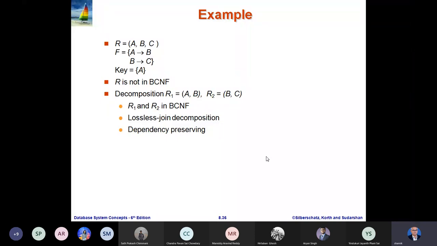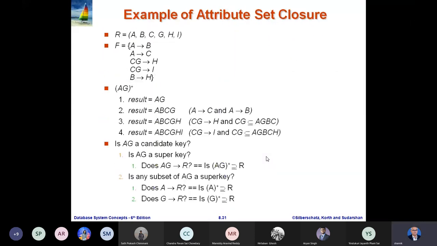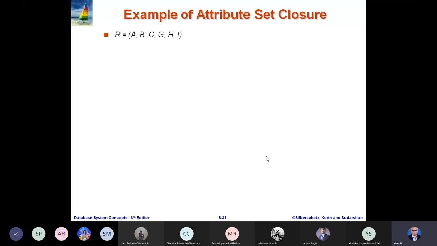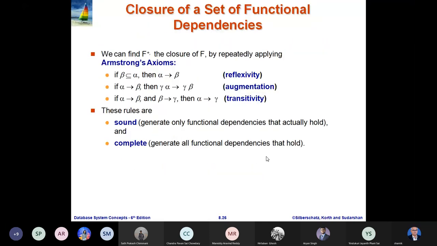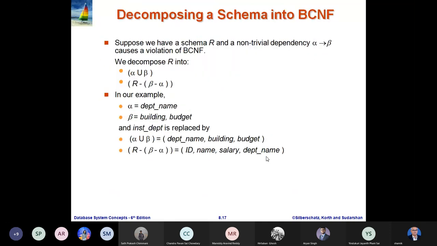And we decompose it. If you remember, we have this simple formula. Let me go back for your understanding. Yeah. You have to decompose R into alpha union beta, and the other relation will be R minus beta minus alpha.